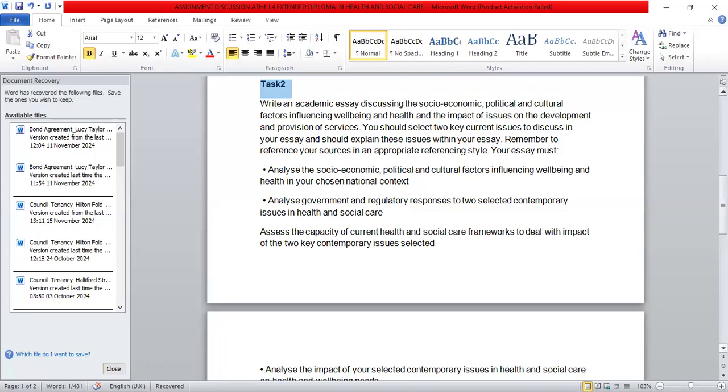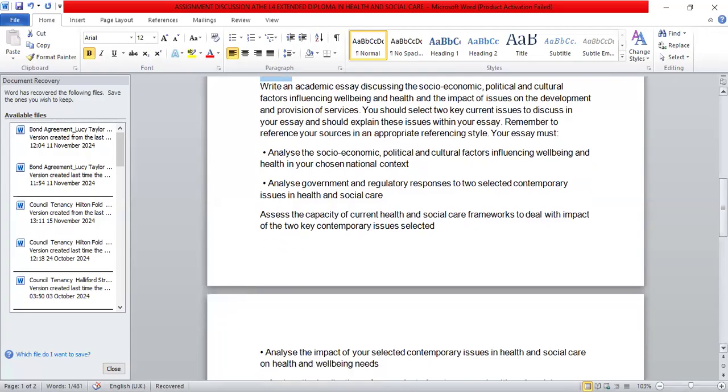So one, you should be able to analyze the socioeconomic, political, and cultural factors influencing the well-being of health and social care in a chosen national context. Two, you have to analyze the government and regulatory responses to the two selected contemporary issues in health and social care. Three, assess the capacity of current health and social care frameworks to deal with the impact of those key contemporary issues selected.